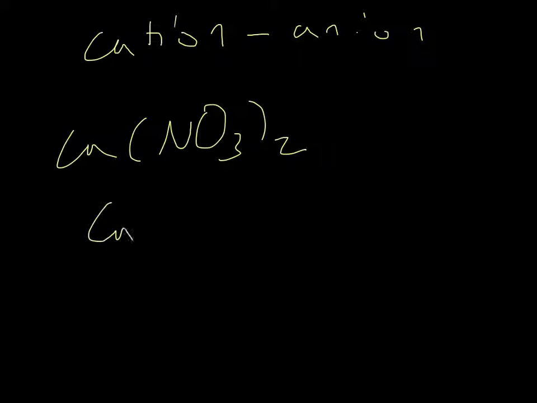Well, that makes calcium nitrate. Calcium is the cation because it's 2 electrons short, loses 2, or 3 depending on the calcium, but only 2. Sorry, I'm thinking of chromium. It loses 2 and it makes it a cation with a positive charge. It meets up with 2 nitrates that are anions with negative charges, and then they bond. And calcium nitrate. Very easy.